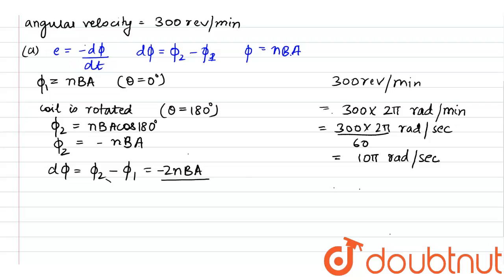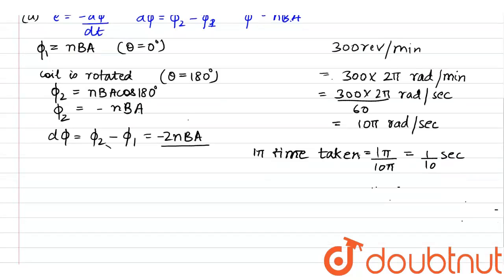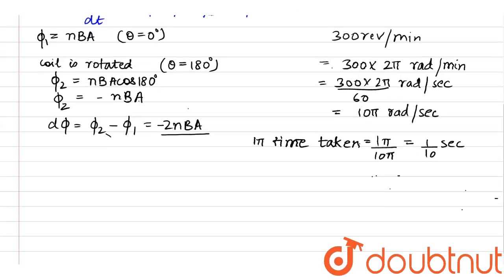So when we consider 1 pi, the time taken by the unitary method is going to be equivalent to 1 pi divided by 10 pi, which is going to give us basically 0.1 second or 1 by 10 second. This is the difference of time that we are going to get. This is the time we need to use for dt. So dt is going to be equal to 0.1 second.